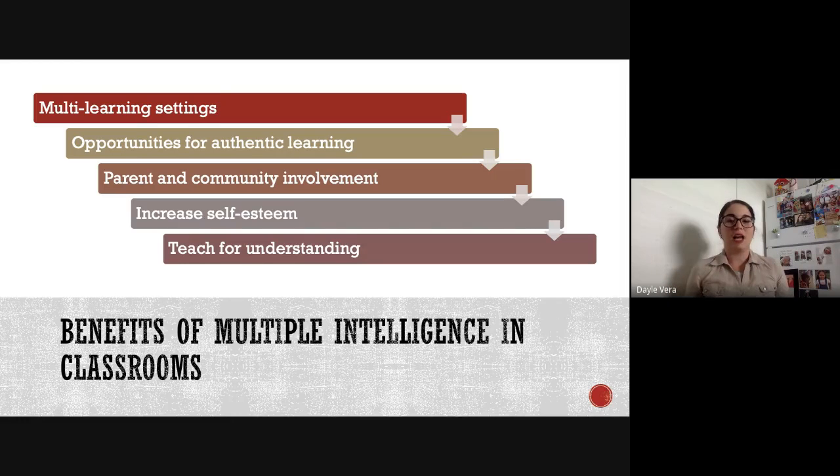So the benefits of multiple intelligence in classrooms are many. The first one would be creating a multi-learning setting. So everybody has the opportunity to learn what they like and incline themselves towards that one section or intelligence that they prefer, but without forgetting the rest of them, because they can also be learned and they can be improved.